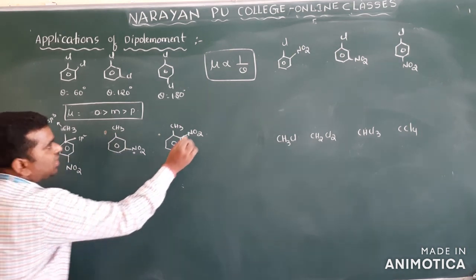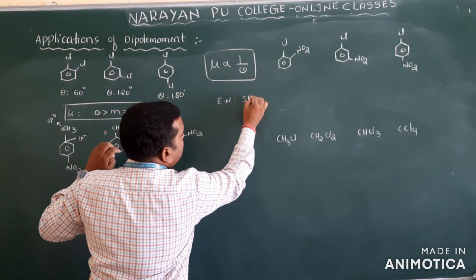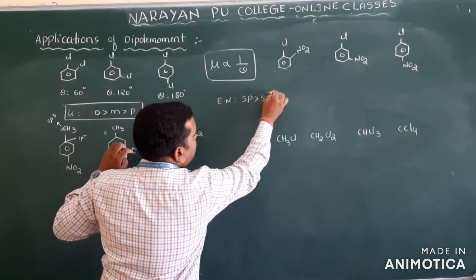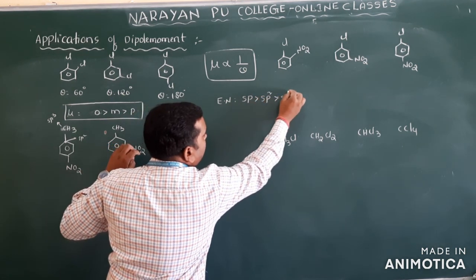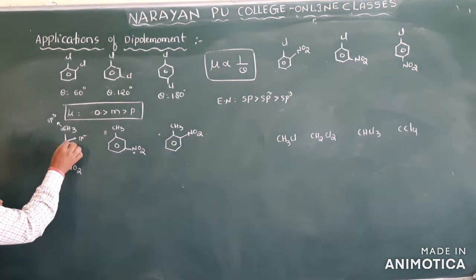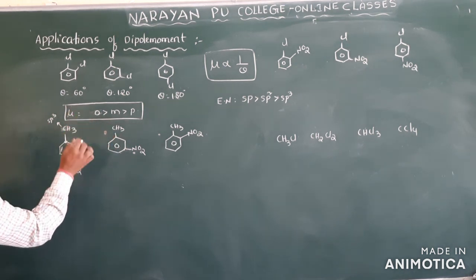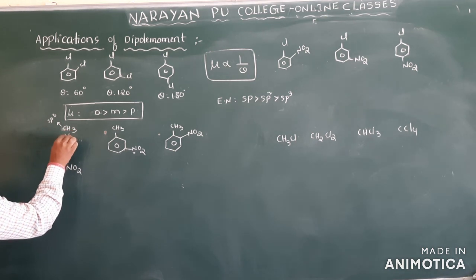What is the electronegativity order? sp is more electronegative than sp2, than sp3. Here the double bonded carbon is sp2. All single bonds are attached to this carbon, so it is sp3. So sp2 is more electronegative, and that's why the dipole moment direction will be towards this.